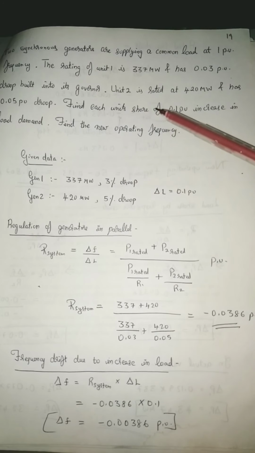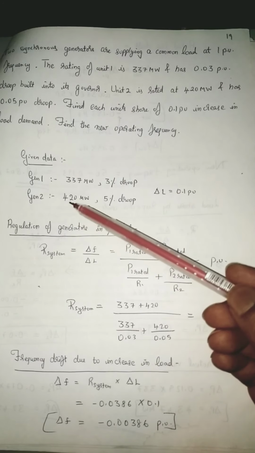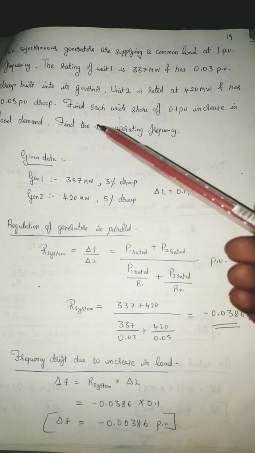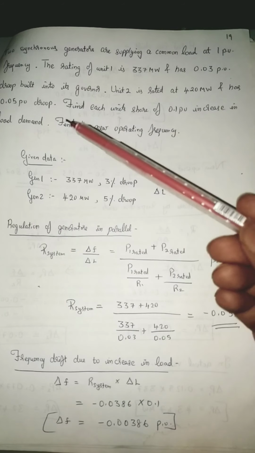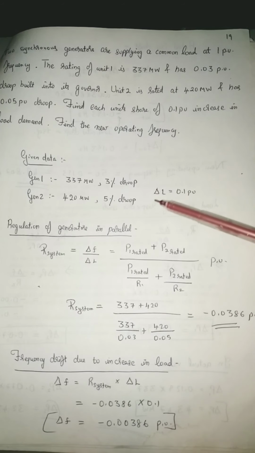Similarly, unit 2 is rated at 420 megawatt and has 0.05 per unit droop, which means generator 2 is 420 megawatt with 5% droop. Then find each unit's share of 0.1 per unit increase in load demand. That means the increase in load demand, which I'll call delta L, the change in demand, is equal to 0.1 per unit.